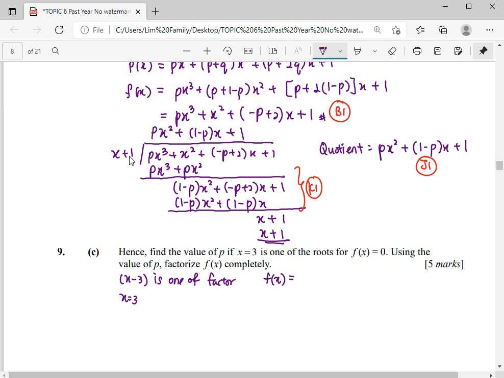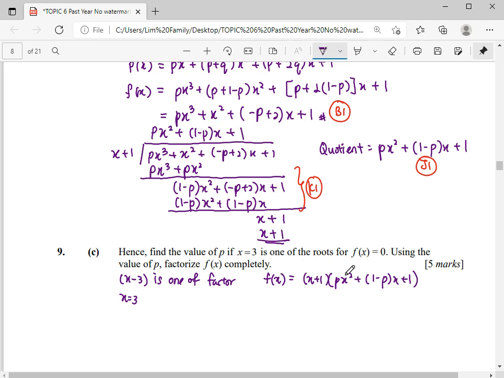Our polynomial f(x), where one of the factors is x plus 1, and the quotient is px squared plus 1 minus px plus 1. There is no remainder. When f(x) is divided by our divisor, the quotient is this.